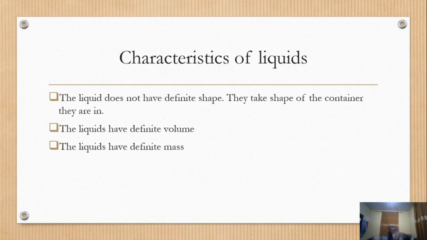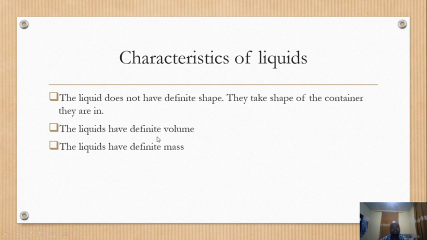If you put it in a bottle, it will have the form of the bottle, just like this one. This bottle is full of water, so the water now has the shape of the bottle.